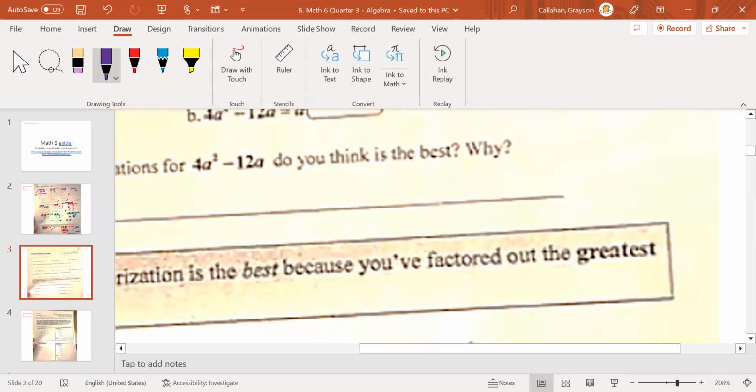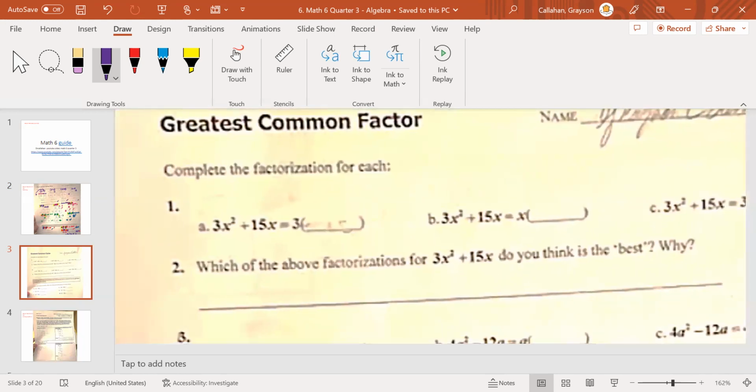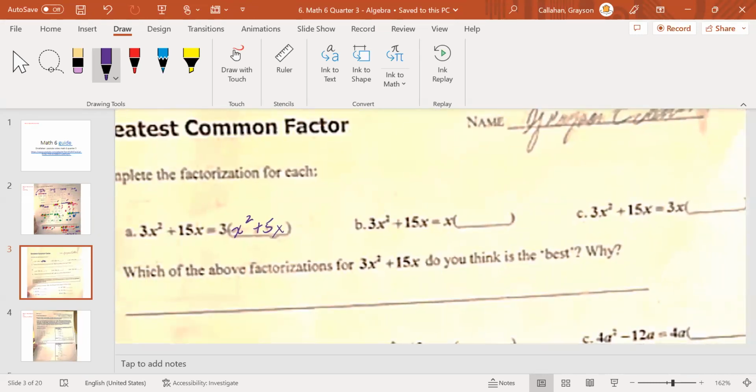Now you have to think about this part right here, the back side, okay? So complete the factorization for each. If you take out the 3 here, what's left is x squared plus 5x. Do you see that? For B, if I take out an x, then I have 3x plus 5.